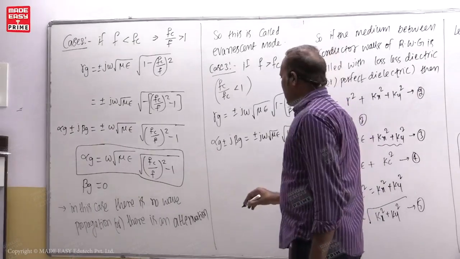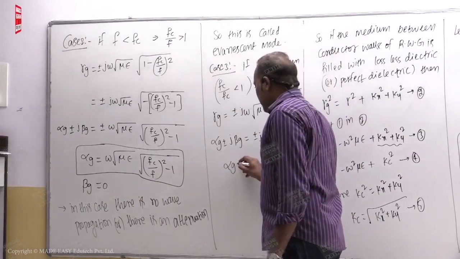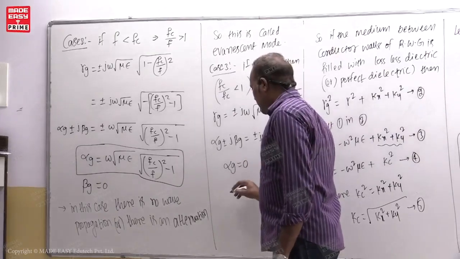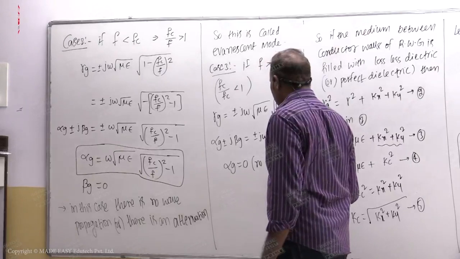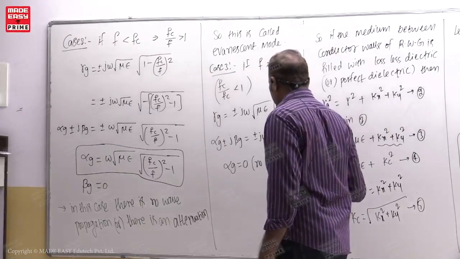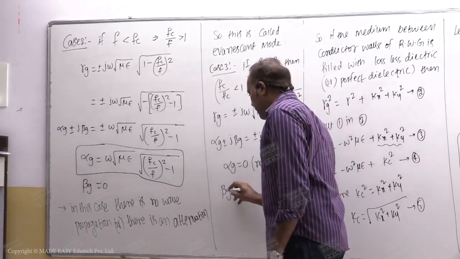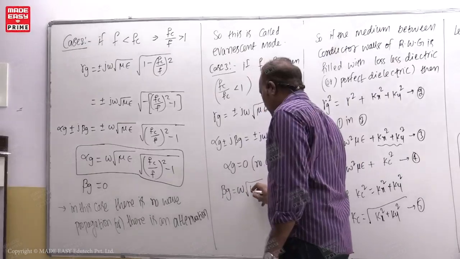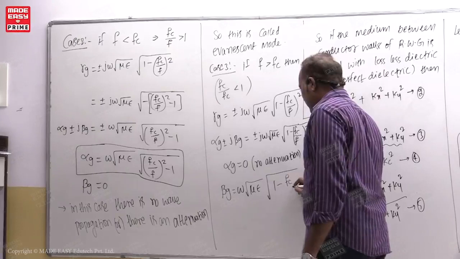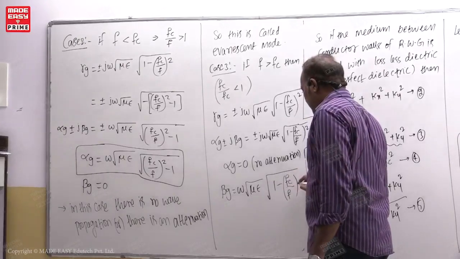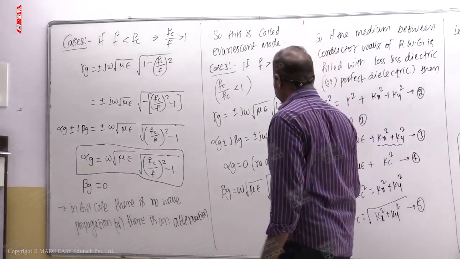Okay. Now ultimately alpha g is equal to 0 here. That's what we want. No attenuation. And then beta g is equal to omega root mu epsilon root of 1 minus (fc by f) whole square.